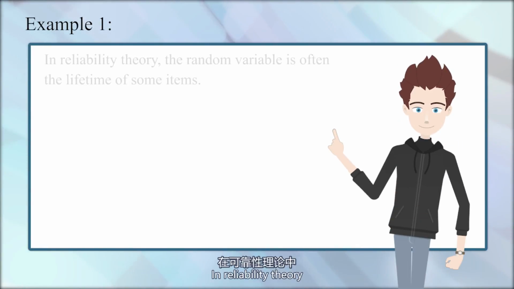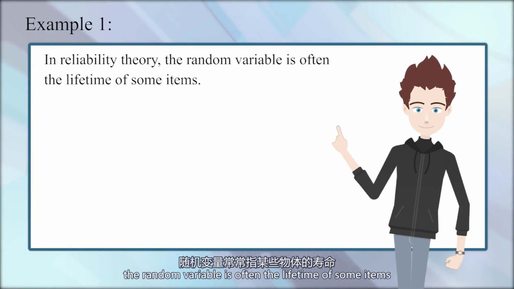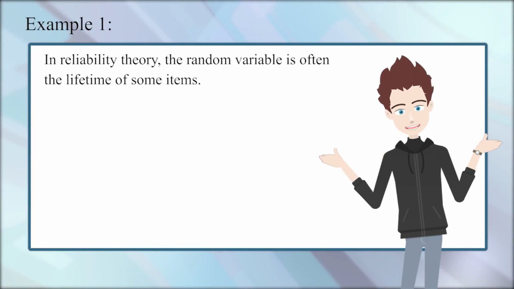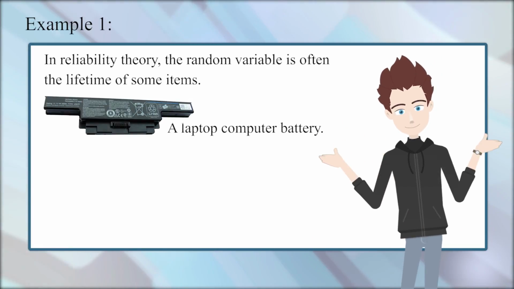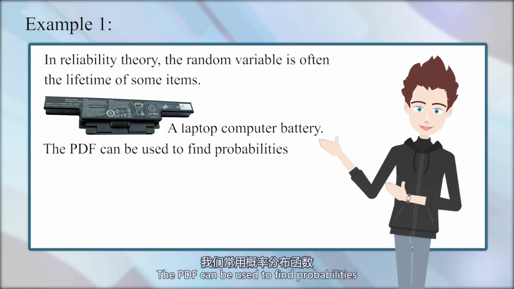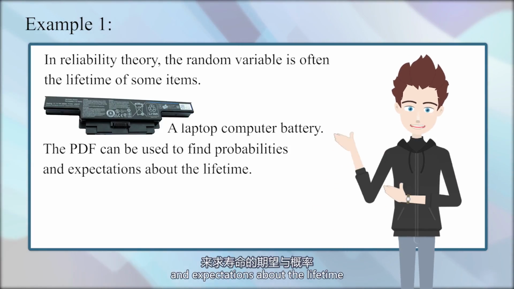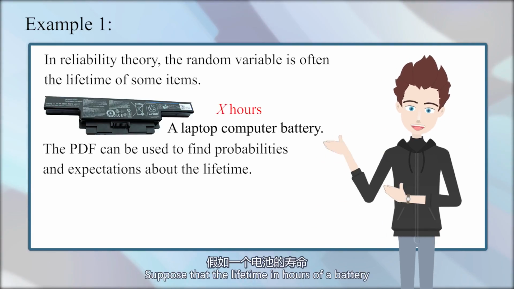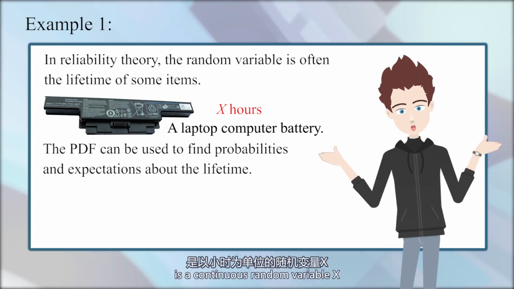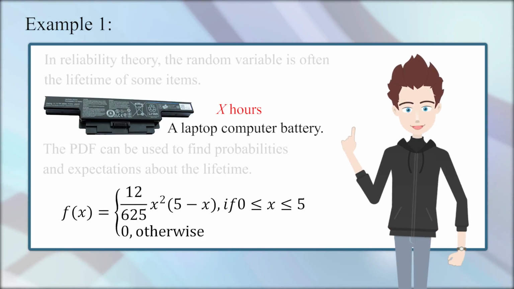In reliability theory, the random variable is often the lifetime of some item, such as a laptop computer battery. The PDF can be used to find probabilities and expectations about lifetime. Suppose that the lifetime in hours of a battery is a continuous random variable X having a PDF like this.